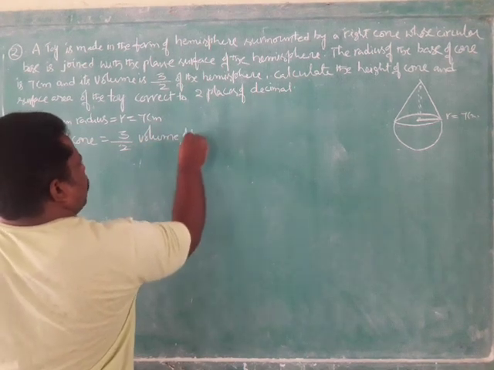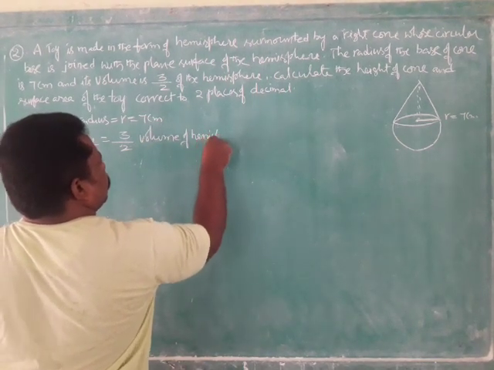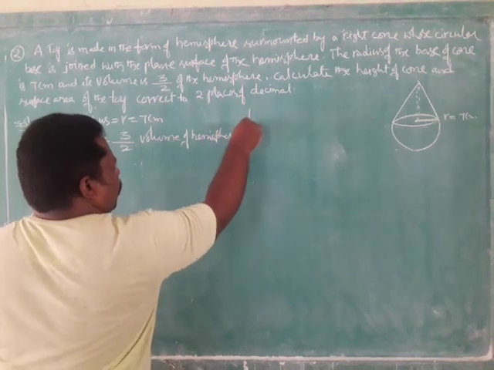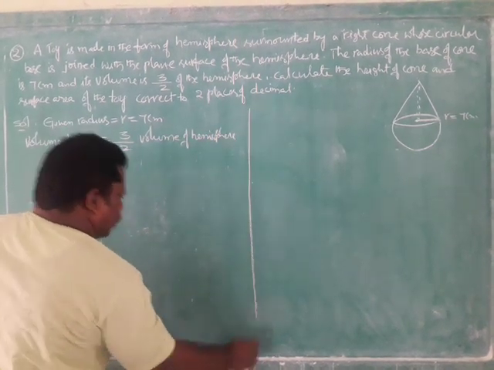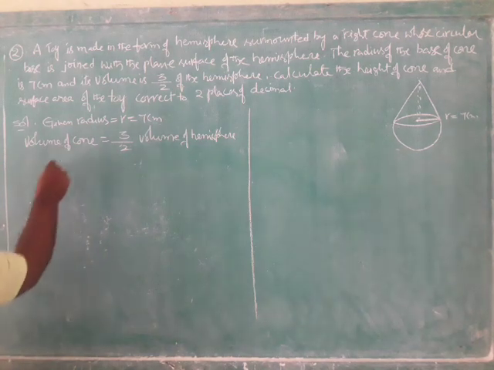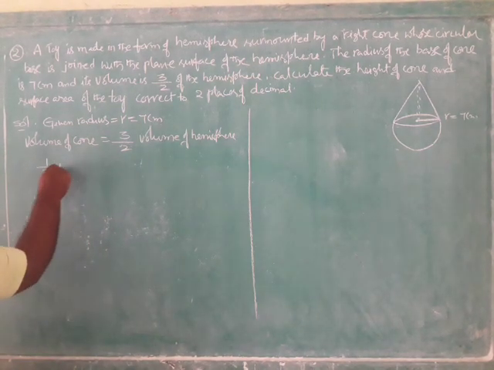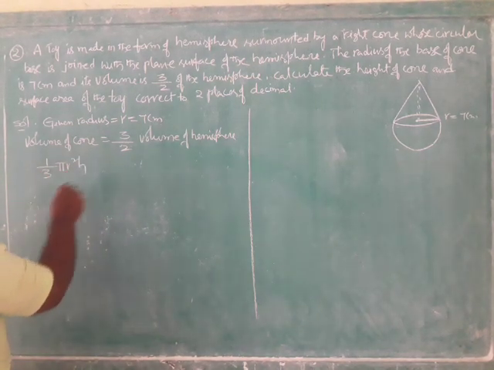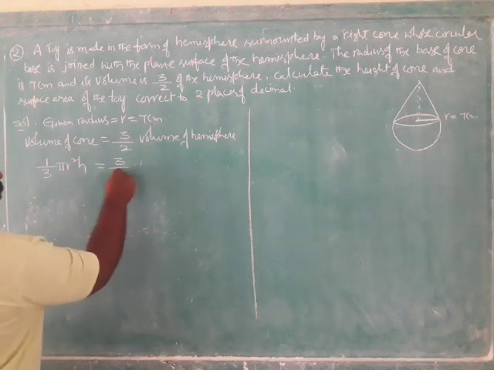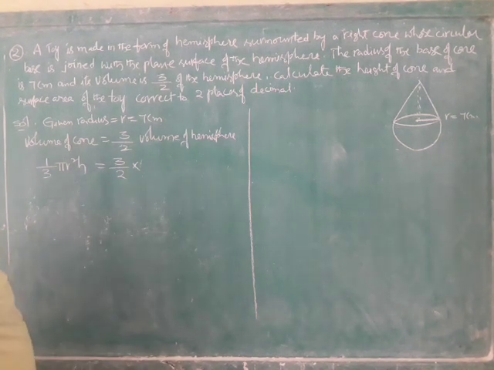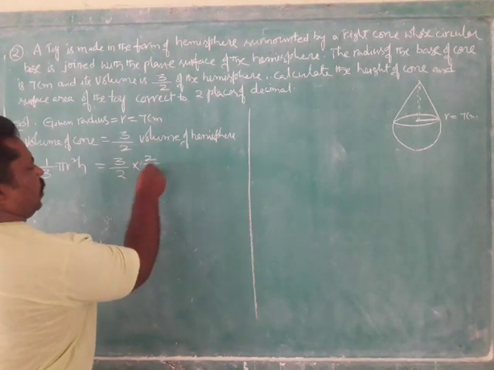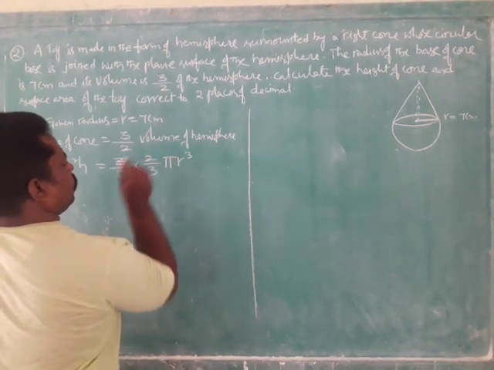Okay, children, see, the volume of cone formula is 1/3 pi r square h, which is equal to 3/2 into volume of hemisphere. What is the volume of hemisphere formula? 2/3 into pi r cube.